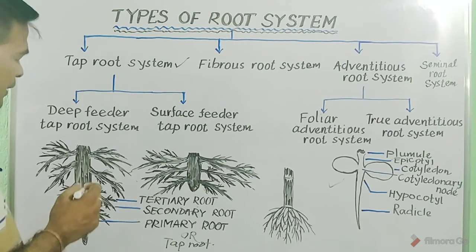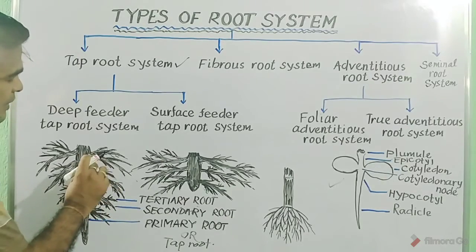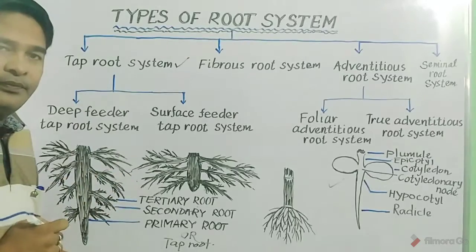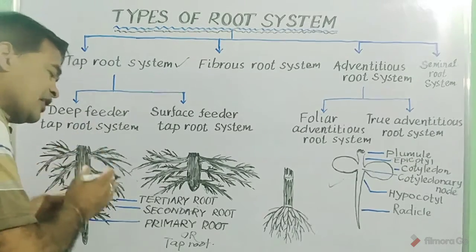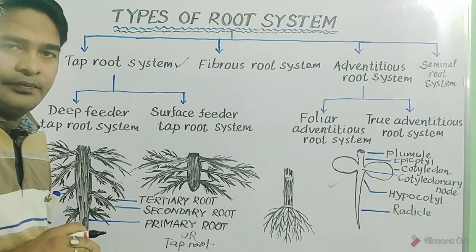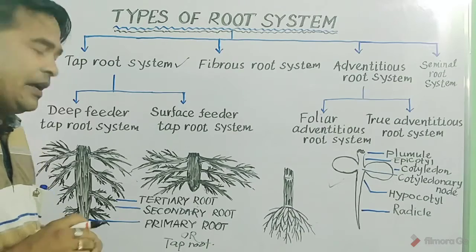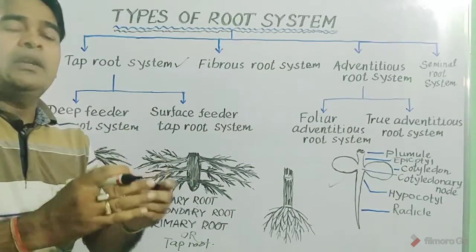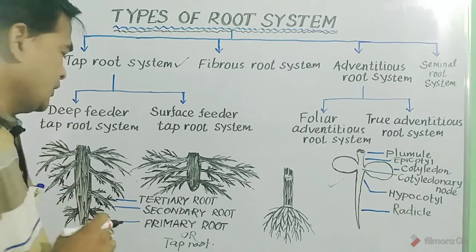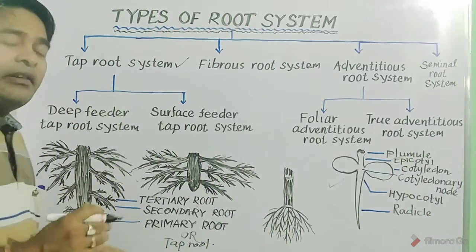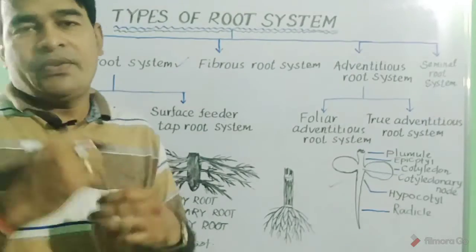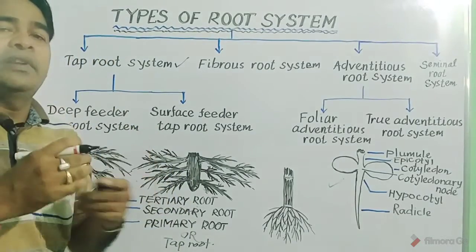Similarly, on secondary roots, tertiary roots develop, and these tertiary roots are also in acropetal order, and they grow in all directions. Over tertiary roots, several rootlets develop which have root cap and root hairs.